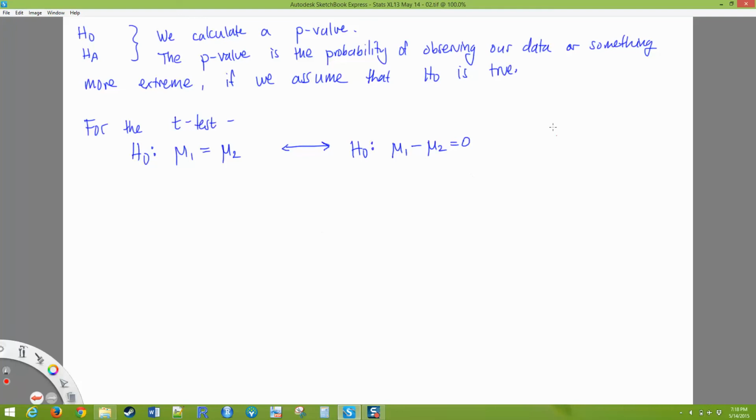The hypotheses are always statements about the population, so use mu, never y bar.